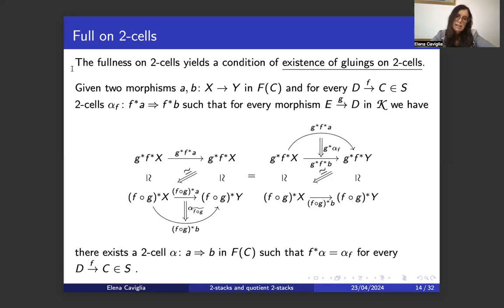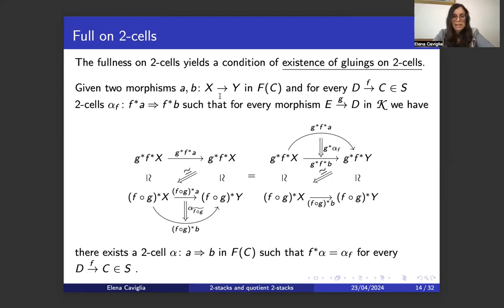So the fullness on 2-cells of the biequivalence that we have in the definition of 2-stack gives a condition of existence of gluings on 2-cells. And so this is the condition.